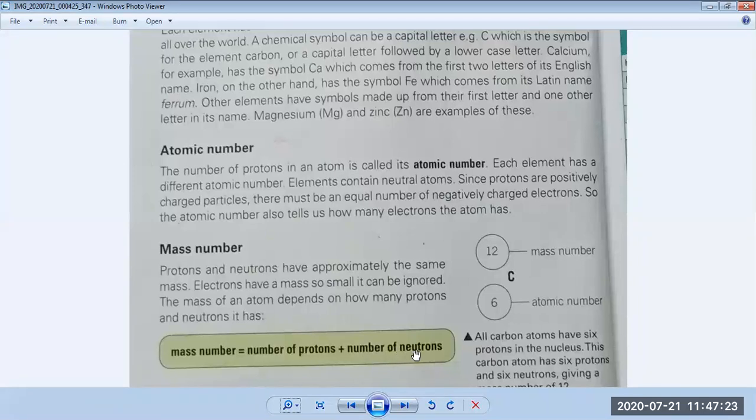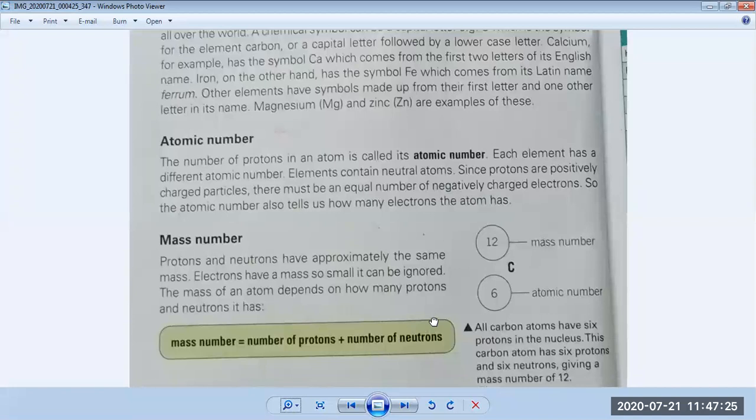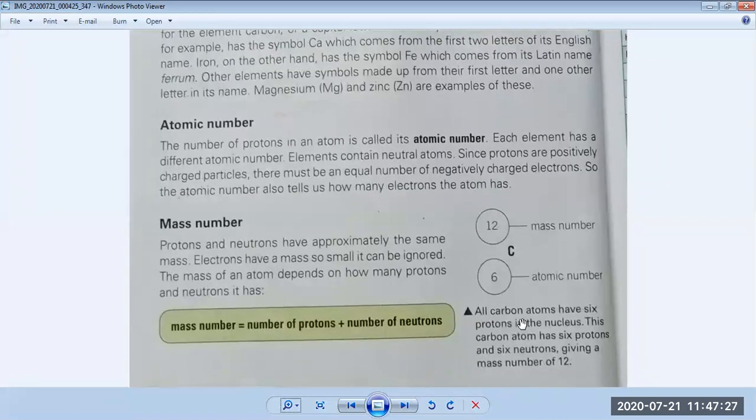So now see in the side box, all carbon atoms have 6 protons in the nucleus. I have told you it's the nucleus of a carbon atom. In the center, there are 6 protons. If we make a figure, we can show in the circle 6 protons and they are positively charged.